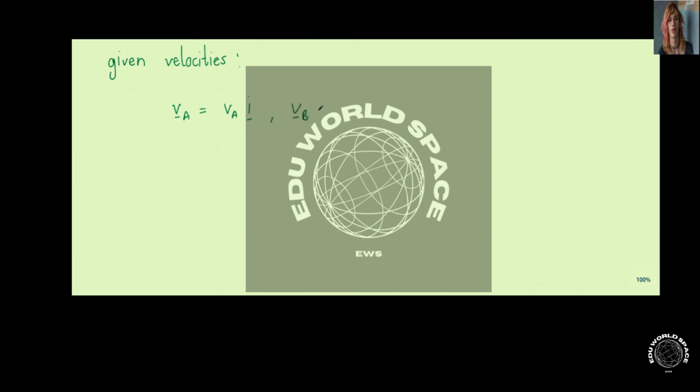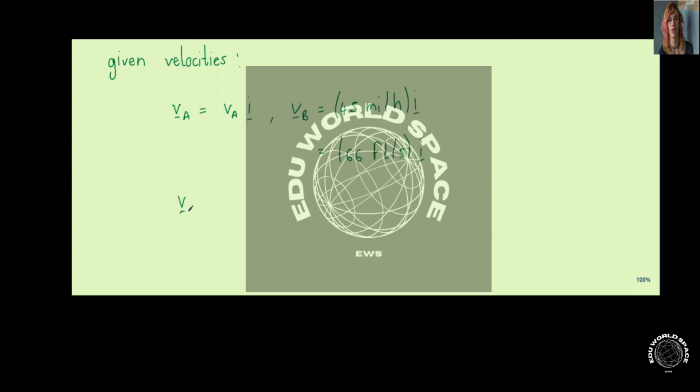The velocity of car B is equal to 45 miles an hour times unit vector i, and we have to convert this to feet per second, so that's 66 feet per second in direction i.